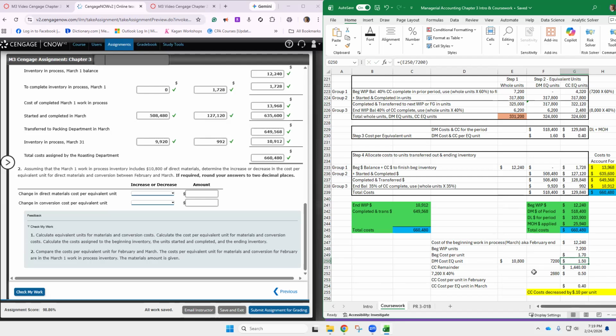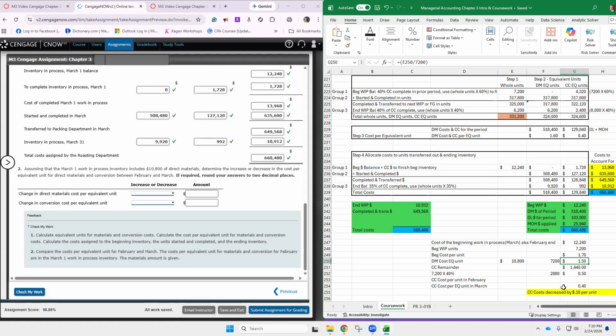Then it says, assume that March 1st, the work in process inventory includes $10,800 of direct materials. So I'm going to put $10,800 and divide by 7,200. And there is, of the cost per unit, that part of it, right? So that is $1.50 of the $1.70.